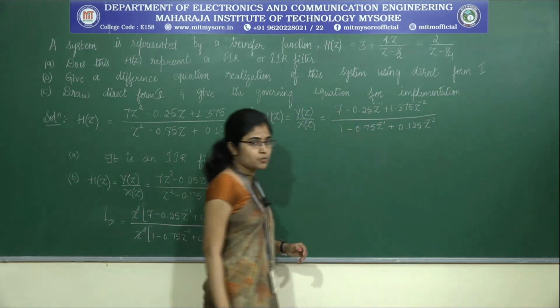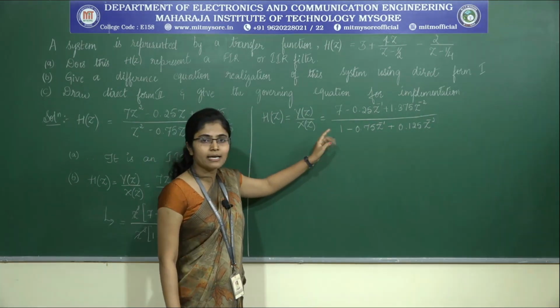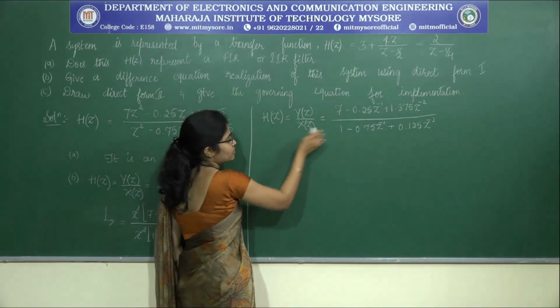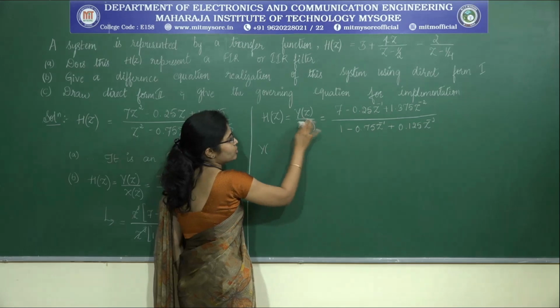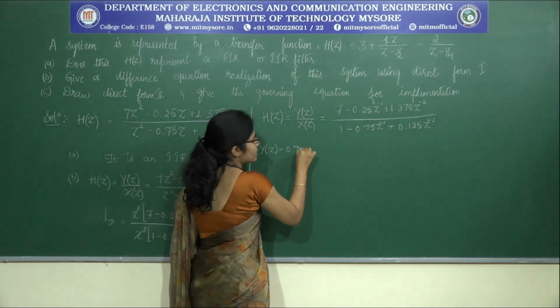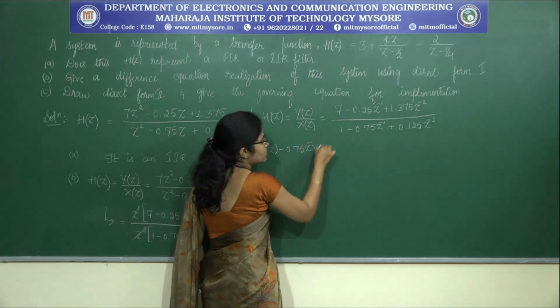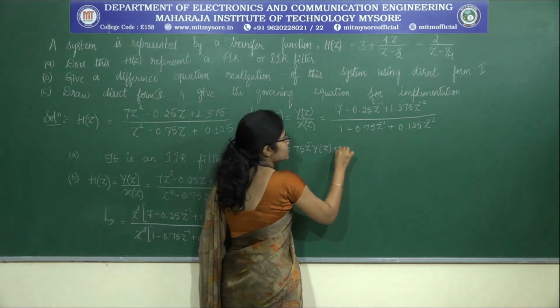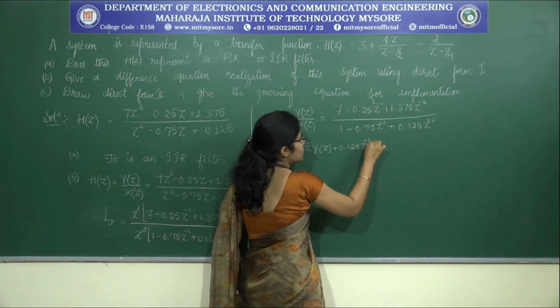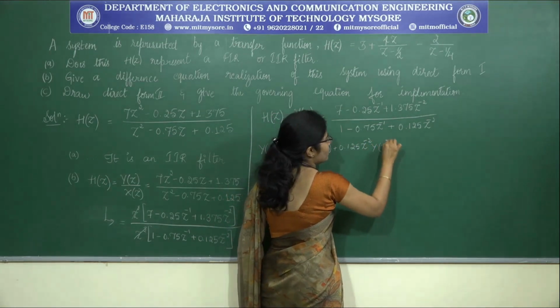Now from this expression, let us cross multiply and find the expression for Y(z). If I do so, Y(z) into 1 is Y(z), minus 0.75z^-1 into Y(z), plus 0.125z^-2 into Y(z).